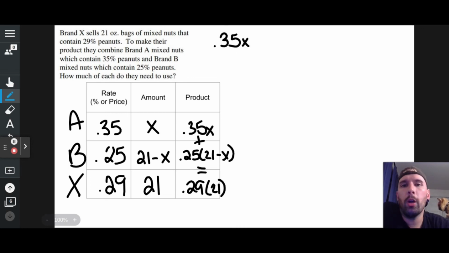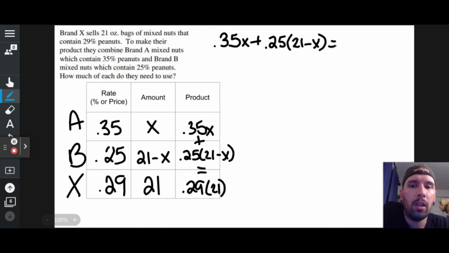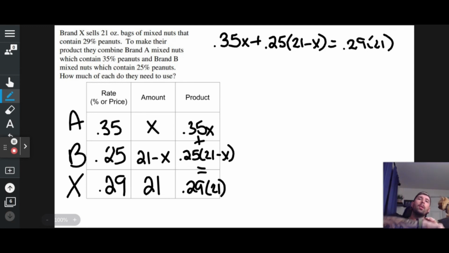All right, so now I'm writing the guy out. Your 0.35X plus 0.25 times the quantity 21 minus X equals 0.29 times 21. I'm pretty sure 0.25 times 21 is 5.5. No, 5.25.